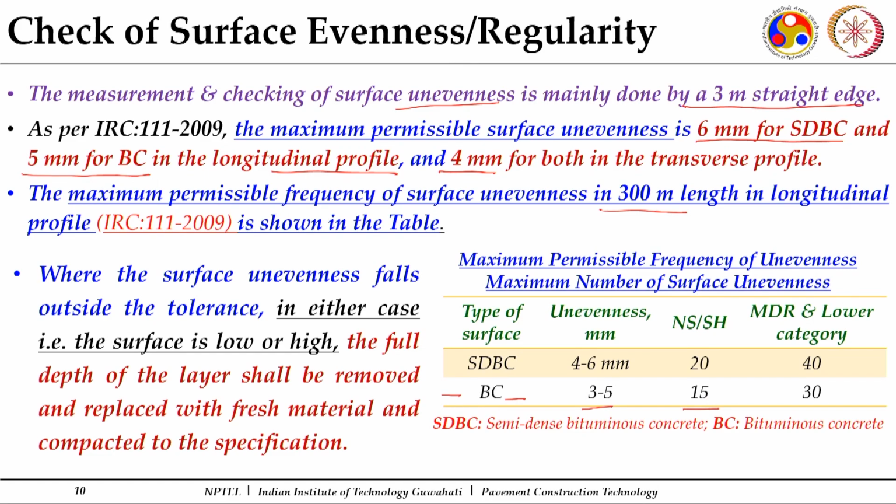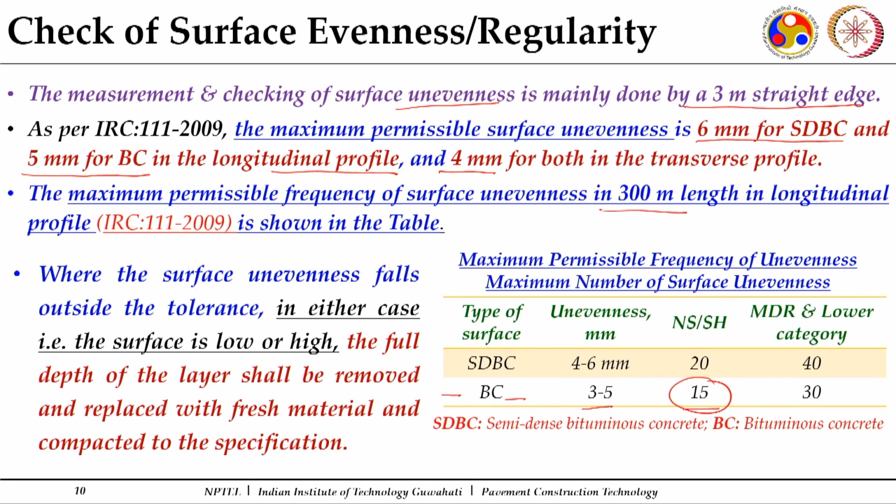Along with the limiting value of 5 mm, it says you should not have more than 15 occurrences of unevenness in the 3 to 5 mm range in a 300 meter length. So, it further controls the surface evenness.